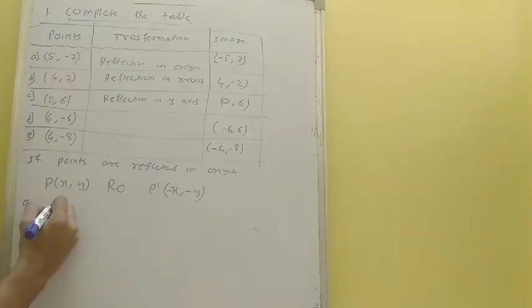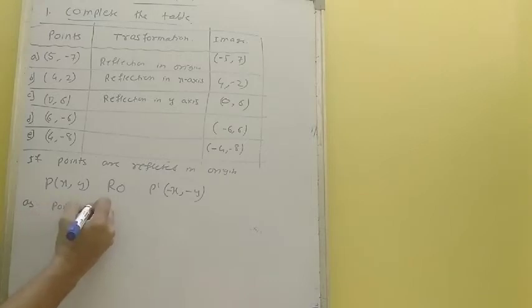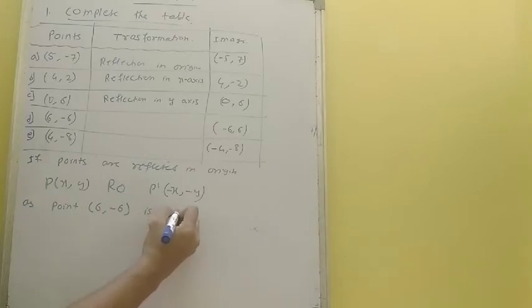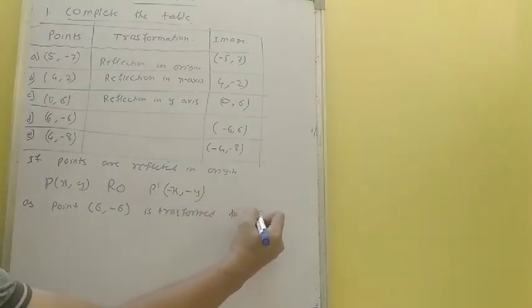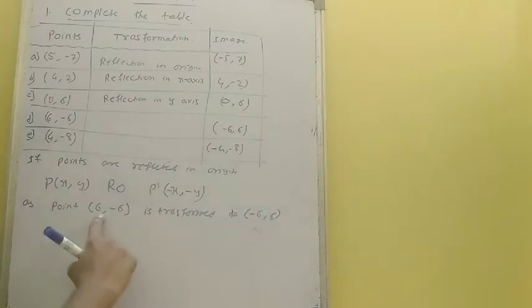As point 6, -6 is transformed to -6, 6. Okay, so 6 has become -6 and -6 has become 6.